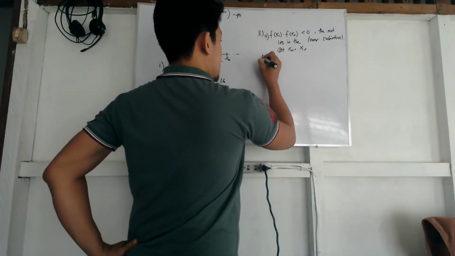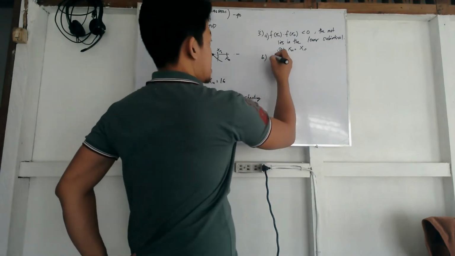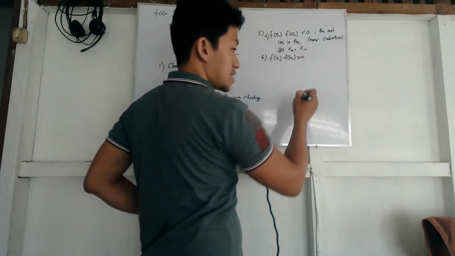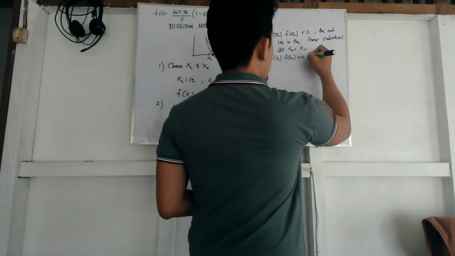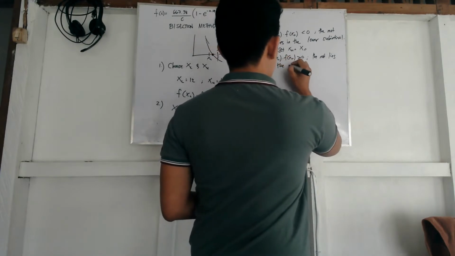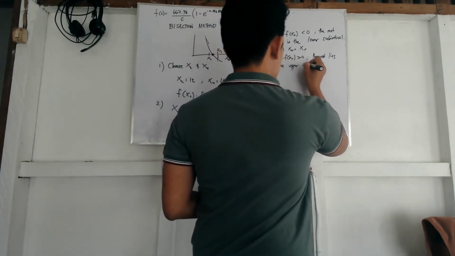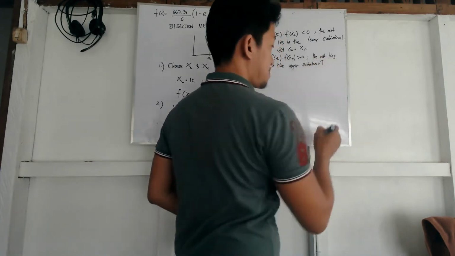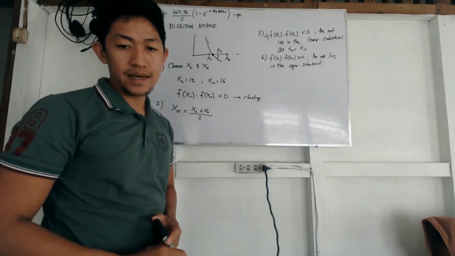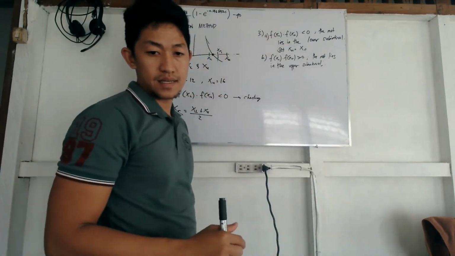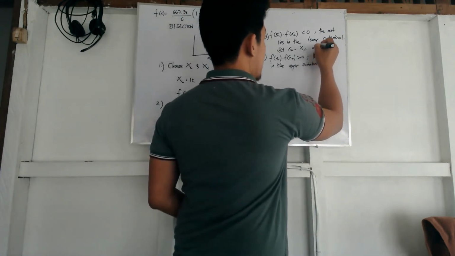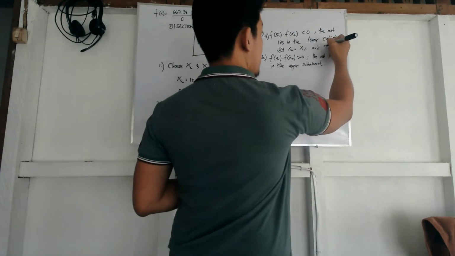That is case A. Case B is if f of XL times f of XR is greater than 0, the root lies in the upper subinterval. And then return to step 2.